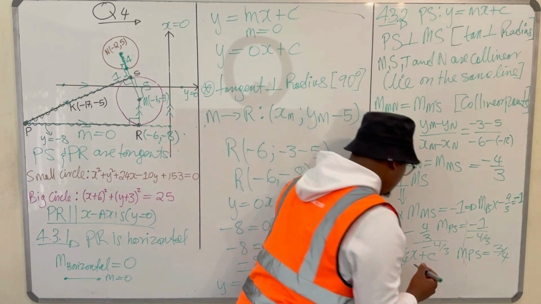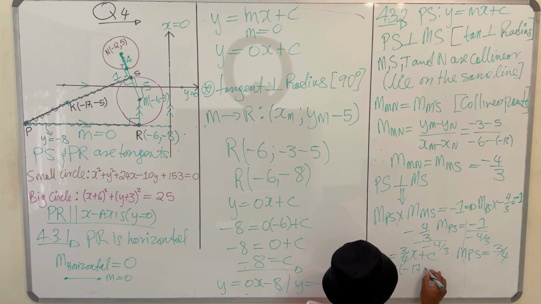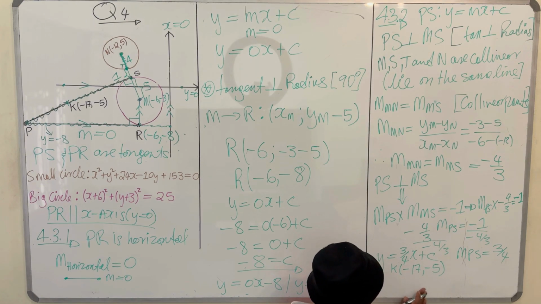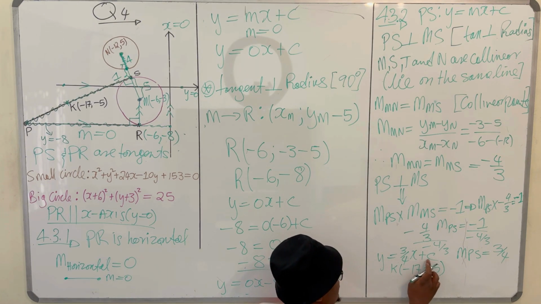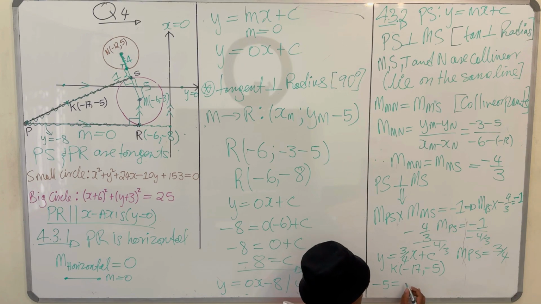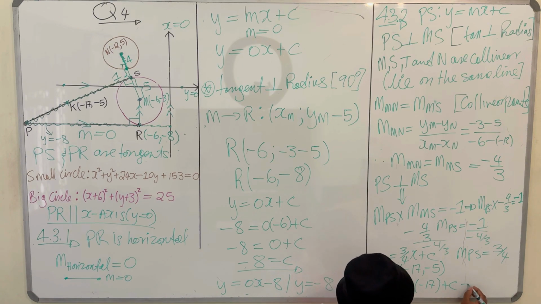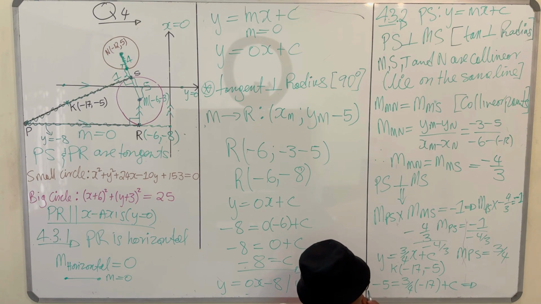K is -17 and -5, right? So you want the value of c. Substitute: -5 is equal to 3 over 4 times -17 plus c. Then you solve for c here.